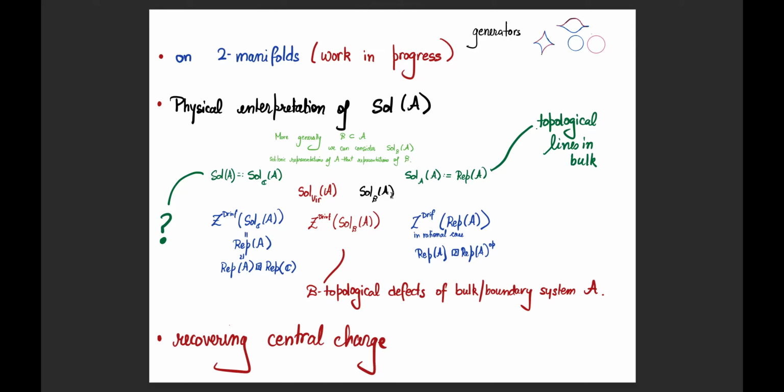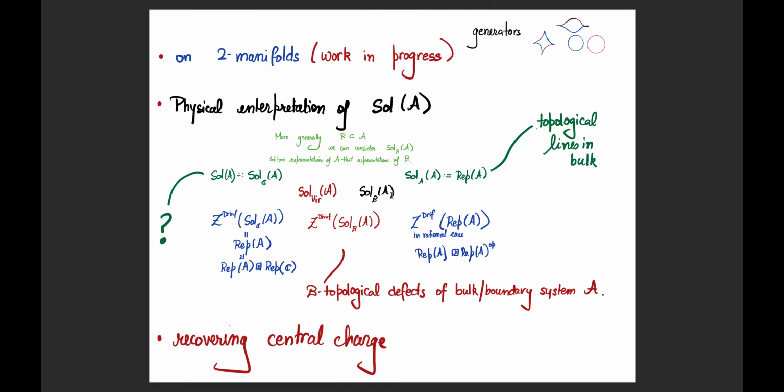Then the correction I wanted to give is, I got excited and said that Sol CA might be conformal but not topological defect, but in the chiral setting, these two things I think are the same. So I think Sol Virasoro A is going to be like topological defects of the bulk boundary system, but I genuinely don't know what kind of things Sol A is supposed to be.